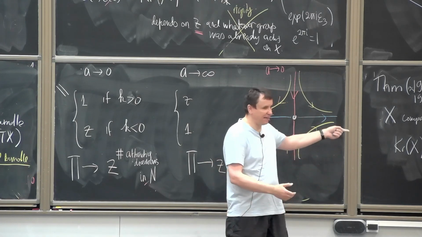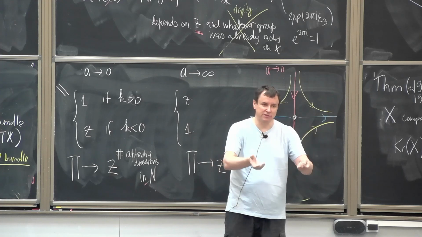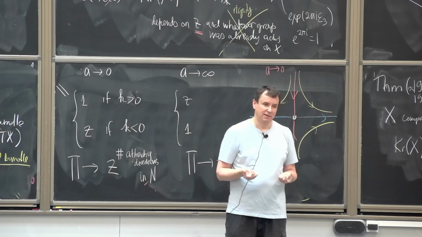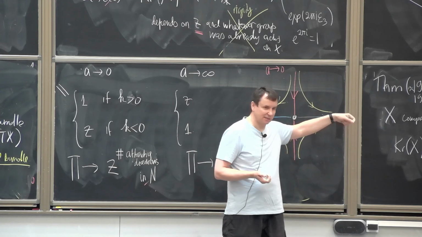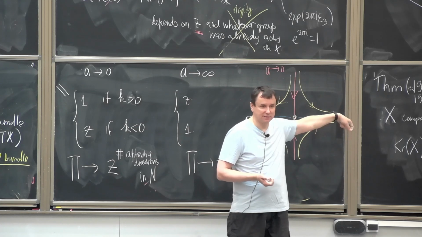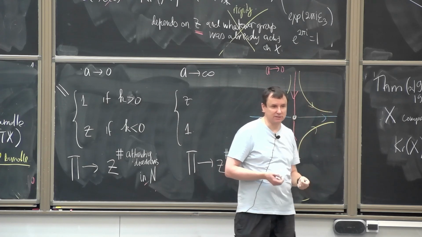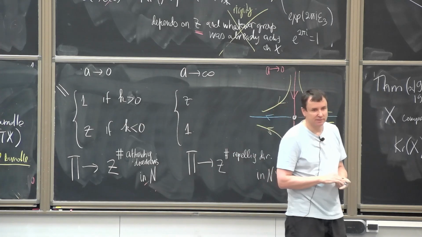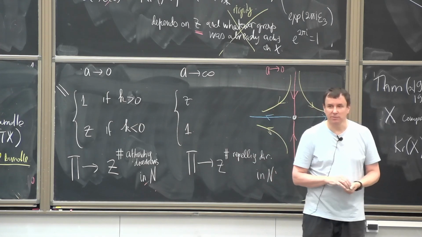If I compute this in K theory, it'll be a function on whatever automorphisms of X I have. And in fact, this says that this function is constant. You apply any automorphism of X, it doesn't change this function. Any group action, it's going to be constant.